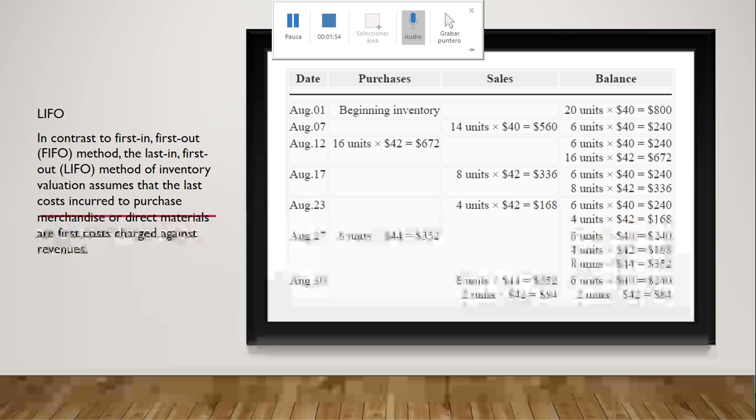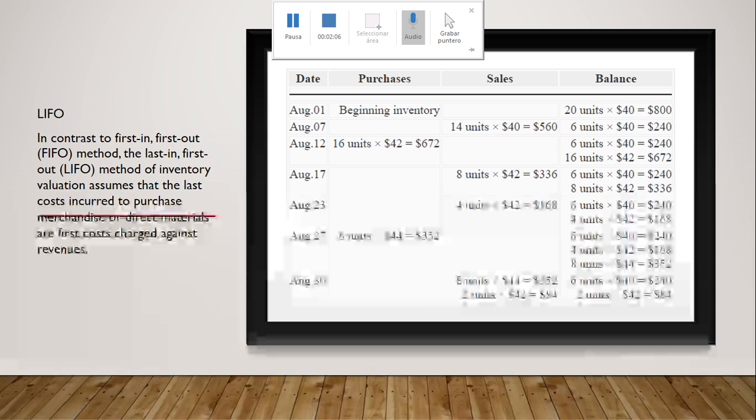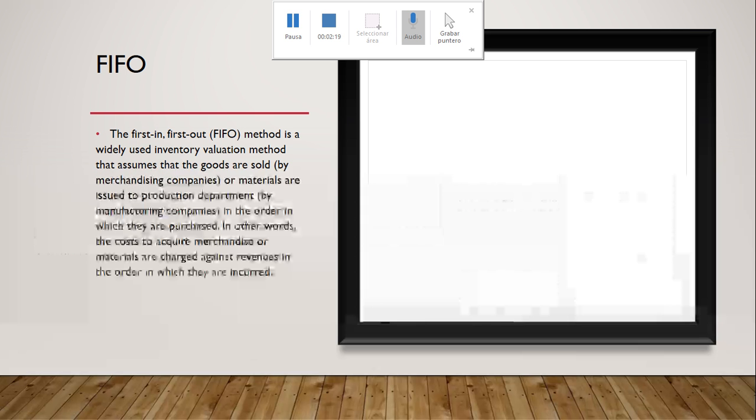Like FIFO, LIFO can be used in both the perpetual inventory system and the periodic inventory system. The following example explains the use of the LIFO method for computing cost of goods sold and the cost of ending inventory in a perpetual inventory system.